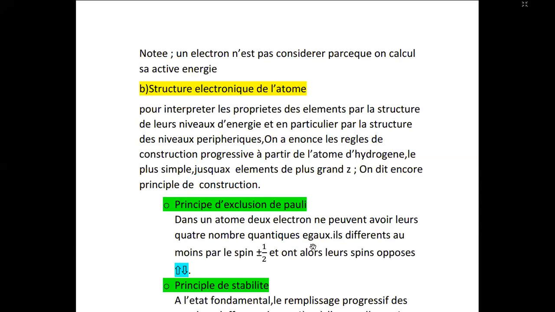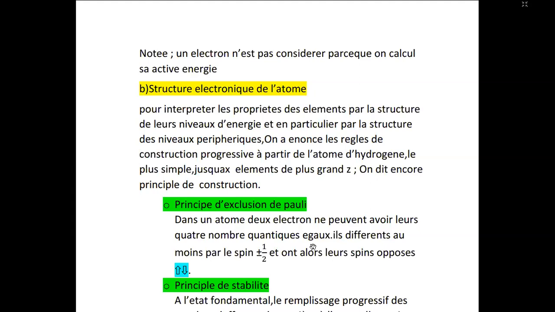So that was the principle of Pauli. It applies when you are writing a case quantique, or when they ask you to present this in an orbital or in this room. So they'll ask you questions on that.